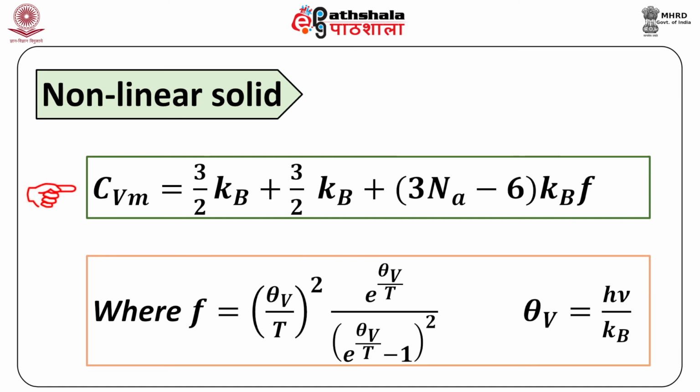If you recall what we learned in the last module, the contributions will be kB f. So for 3Na minus 6 vibrational degrees of freedom, the contribution will be (3Na minus 6) kB f, where f is the Einstein function and its expression is shown, as you have already learned in the last module.